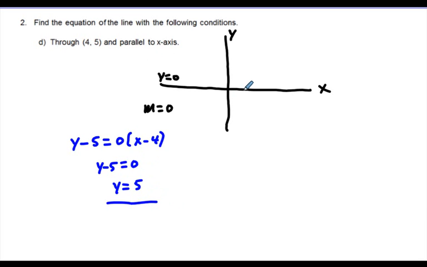And this line is going to be through (4, 5), which is right here. There's (4, 5), and parallel to the x-axis. That's what that looks like.